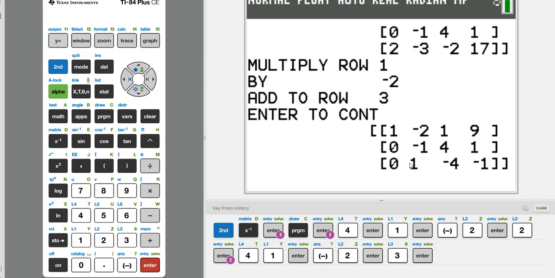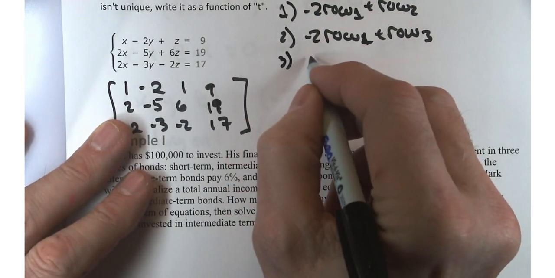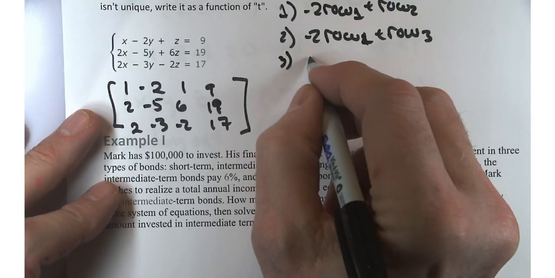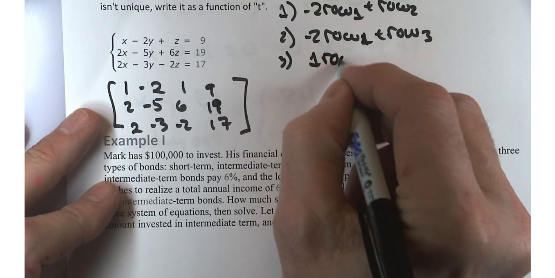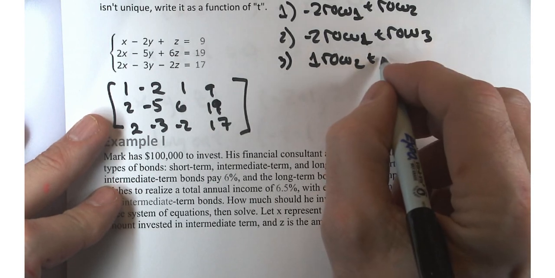You can just add these two rows, but out of habit, we're going to just multiply row 2 by 1 and add it to row 3. Could we do that on the calculator operation number 2? Let me look back at what that is.